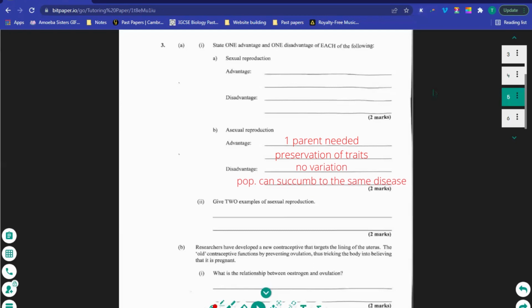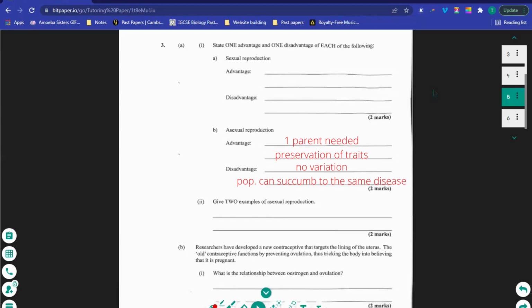And the disadvantage: we have no variation because there's no male and female, it's just one individual. And this individual is simply creating clones of itself.